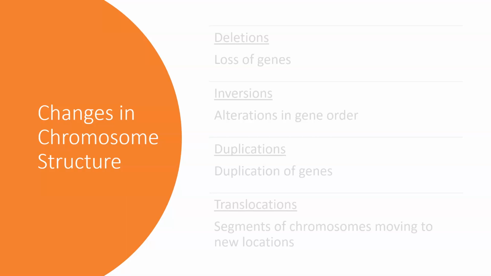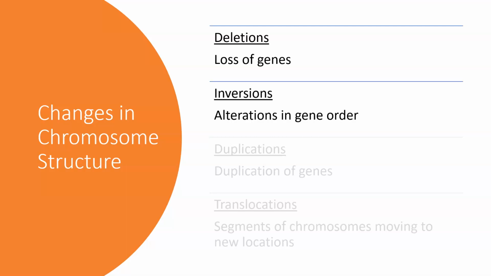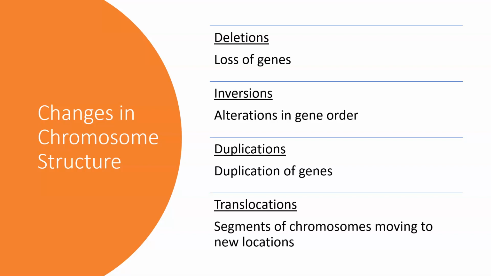These modifications include the following gross structural rearrangements: deletions, loss of genes; inversions, alterations in gene order; duplications, duplications of genes; and translocations, segments of chromosomes moving to new locations.